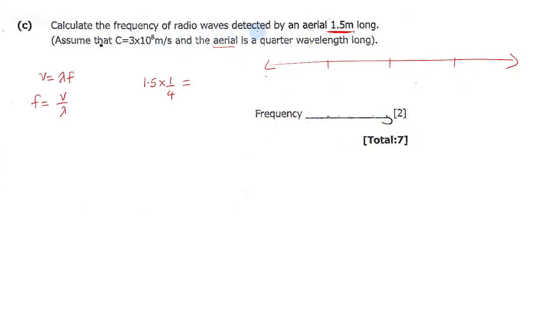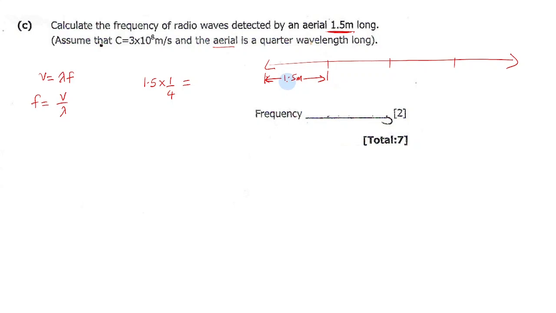Now this aerial is 1.5 meters long, but that 1.5 meters is a quarter wavelength. So it is like from here up to here, which is a quarter. Language, guys, is really crucial. So the aerial is a quarter wavelength long.